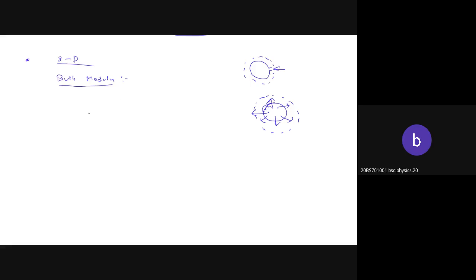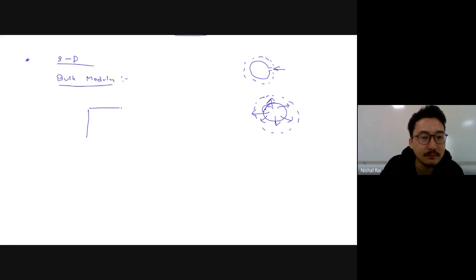Now let's do it in a cube. Or I think in the balloon itself, it will be easier. So basically your bulk modulus will be given by K. Basically it is bulk stress by bulk strain. Clear?